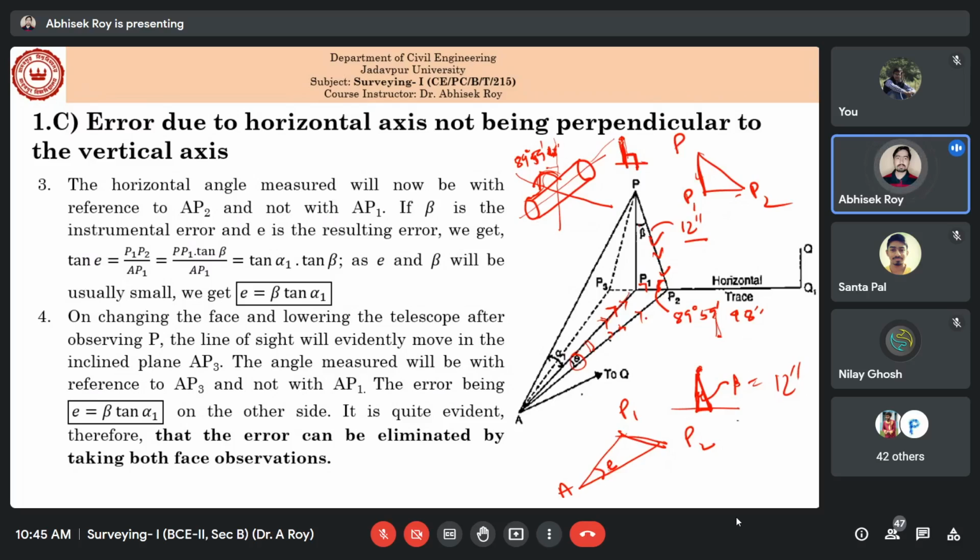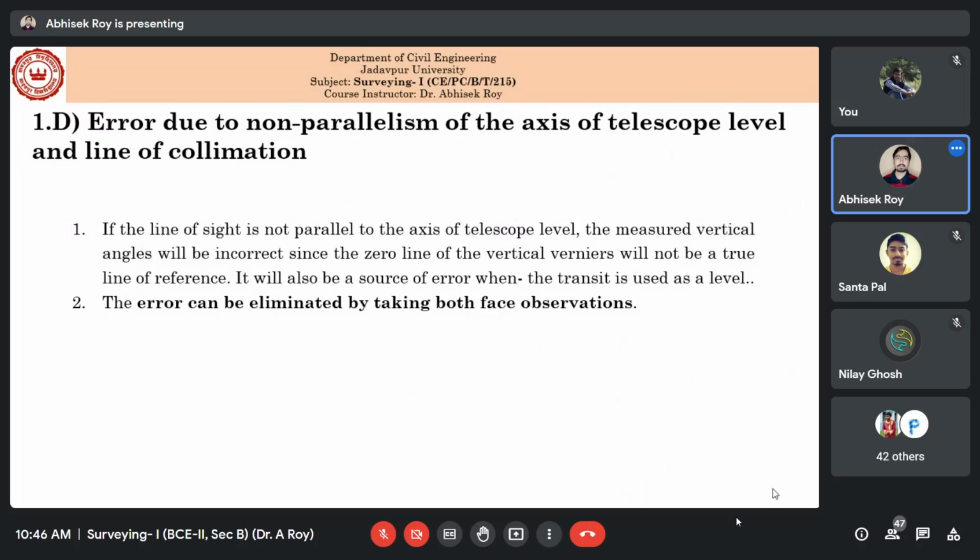Now from this triangle, as this is 90 degrees, if you want to calculate tan E, what will it be? It will be simply perpendicular by base. So it will be simply P1, P2 by AP1, right?